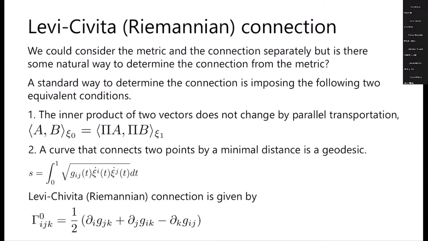This seems natural, and it has been used in mathematics and also in physics. This condition gives us the so-called Levi-Civita connection, or Riemannian connection, which is given by this. Again, the affine connection is given by some derivative of the Riemannian metric.